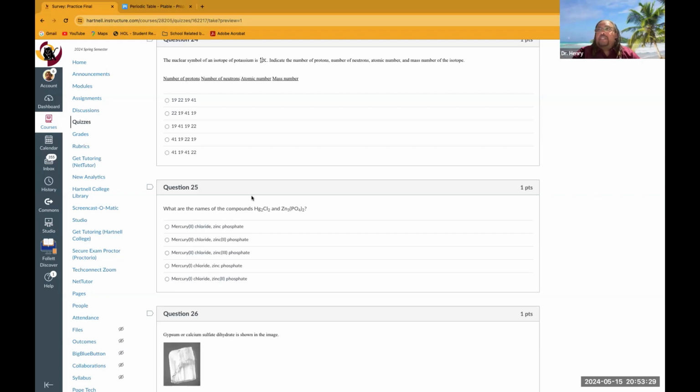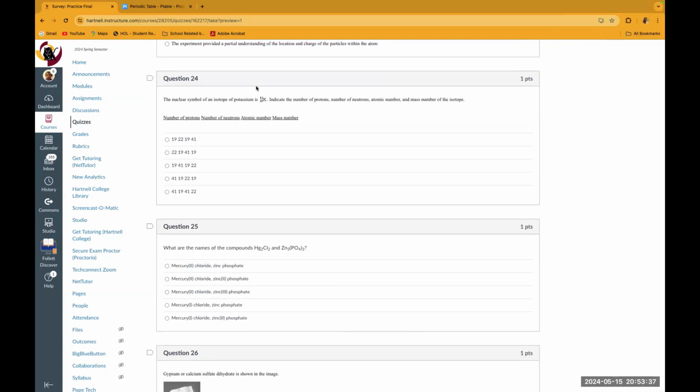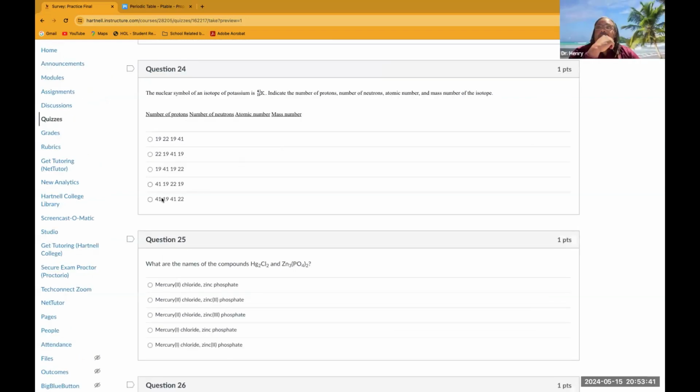Based upon that nuclear symbol, how many protons do we have? Can you guys see this? Protons is 19. Okay, so that means that we can get rid of this one. We can get rid of that one, and we can get rid of that one. Okay, so we have two possibilities now.